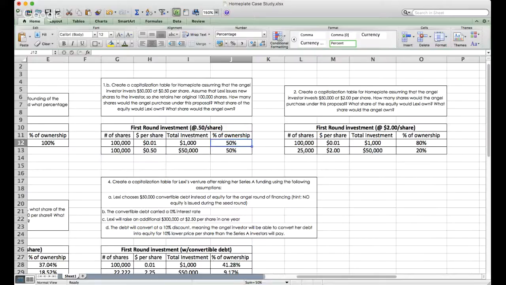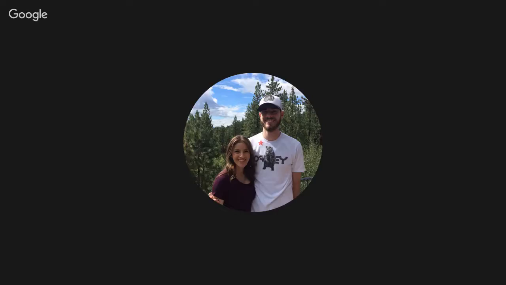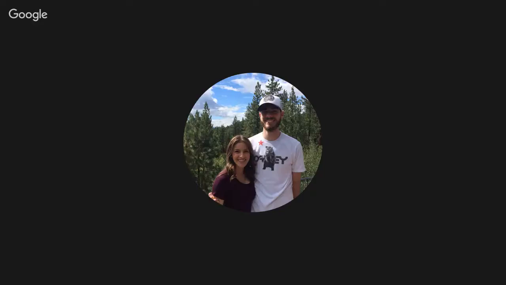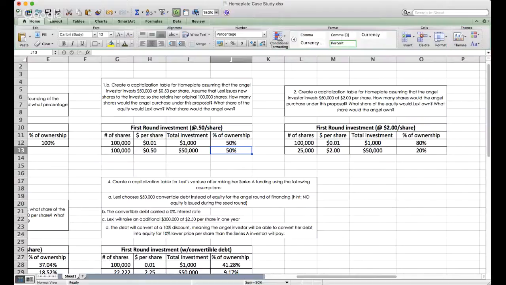And so they each own 50-50 because she issued new shares for that one. Yeah, so for this I would do 100,000 divided by the sum of both of those to get the percentage. So they both own 50%.